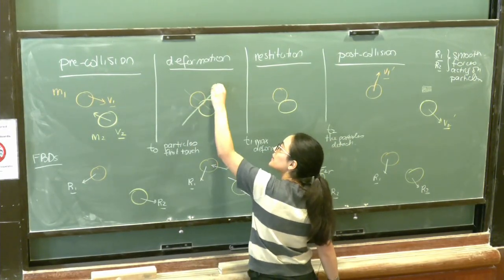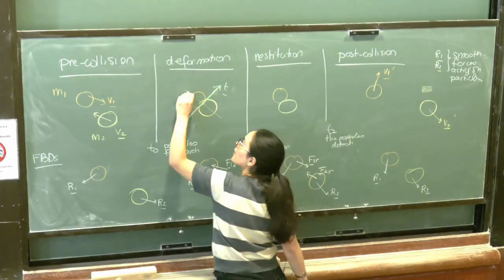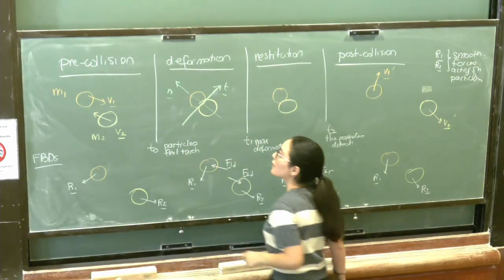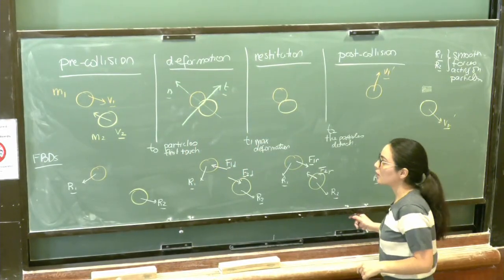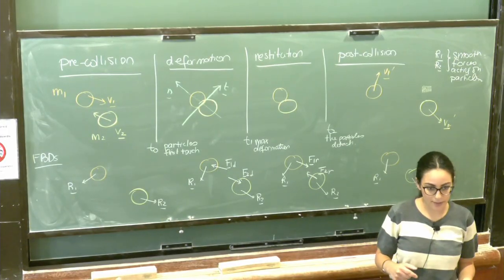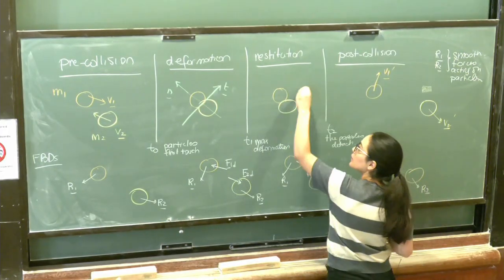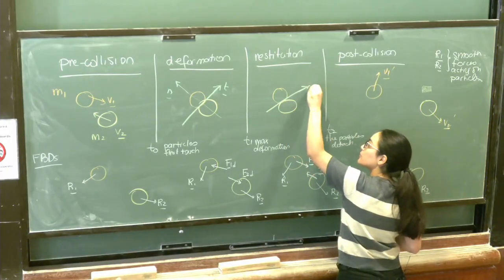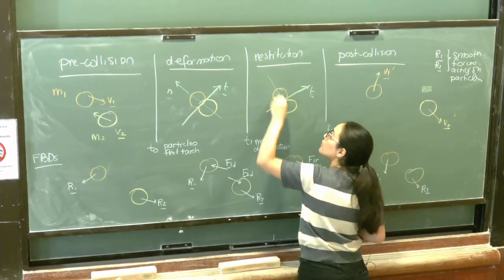Call this T, call this N. A common tangent, a common normal. So for two circles, the common normal is going to be the line joining their centers, right?